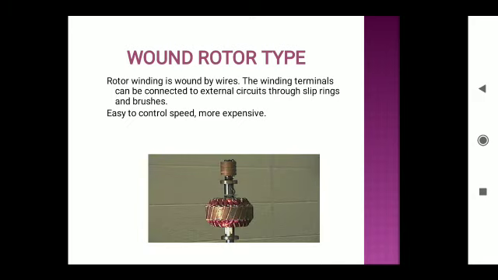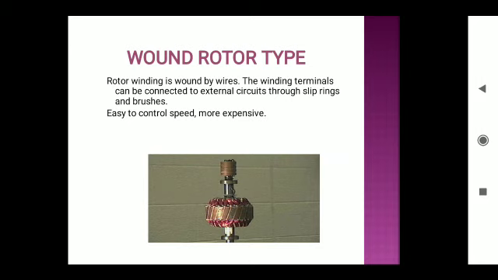The wound rotor consists of a slotted armature. Insulated conductors are put in the slots and connected to form a three-phase double-layer distributed winding similar to the stator winding. The rotor windings are connected in star. The open ends of the star circuit are brought outside the rotor and connected to three insulated slip rings.